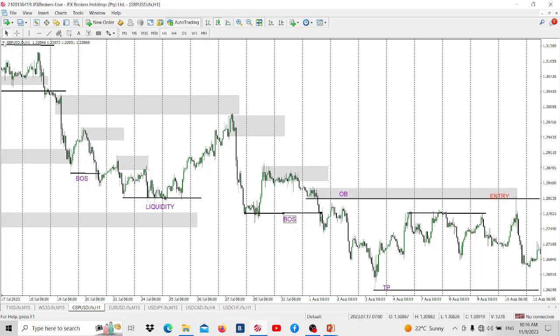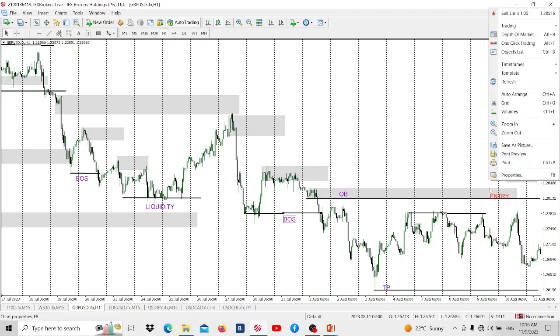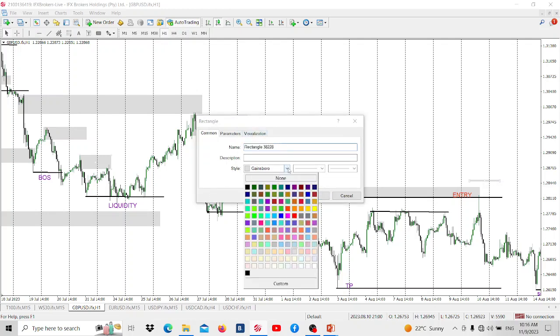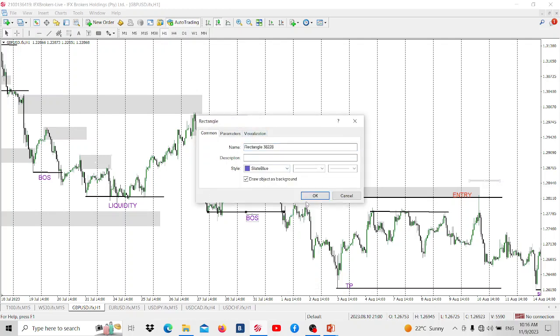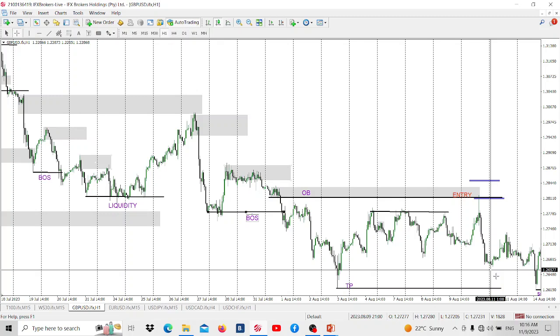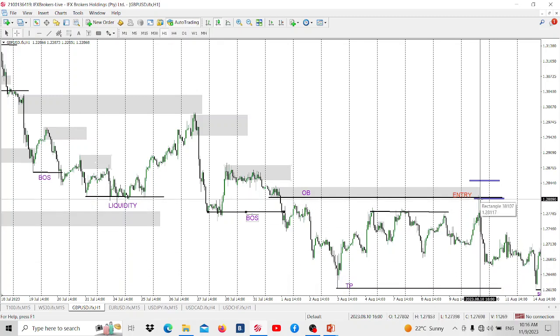Yeah, we can have a 30 pip stop loss. Stop loss somewhere here, entry, and our take profit over here, which gives us in total a beautiful 180 pip run.